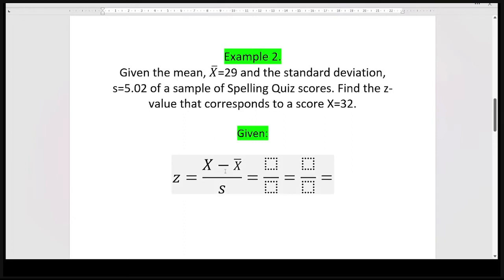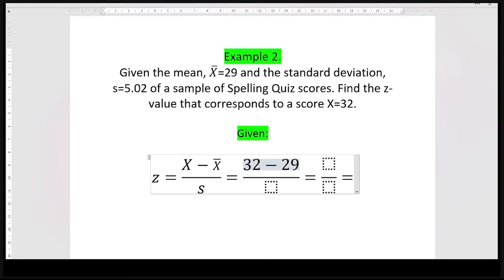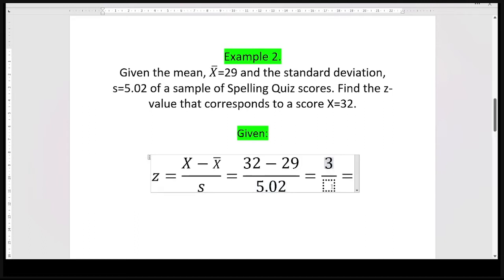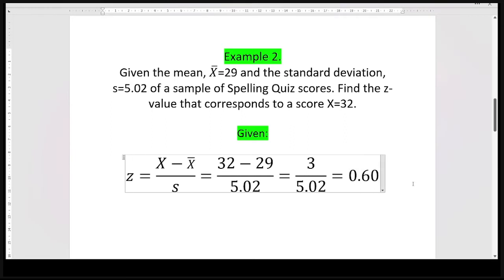Let's do this. We have our formula for sample data. We have the raw score, 32, minus the sample mean, 29, and divided by the sample standard deviation, which is 5.02. We have 32 minus 29 is 3, and 3 divided by 5.02 is equal to 0.60 to two decimal places.